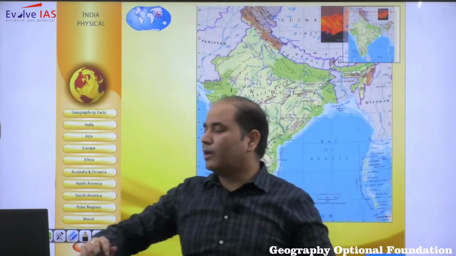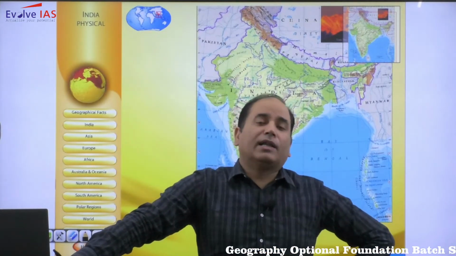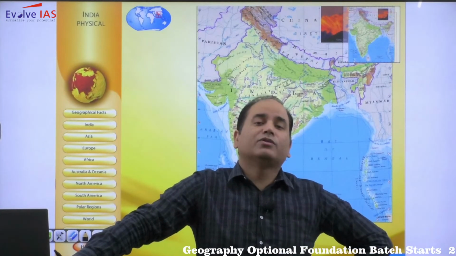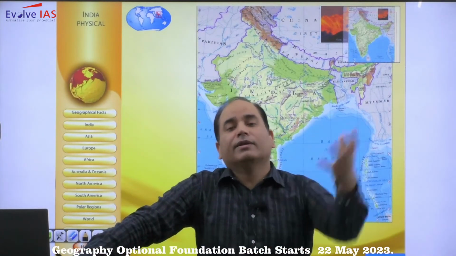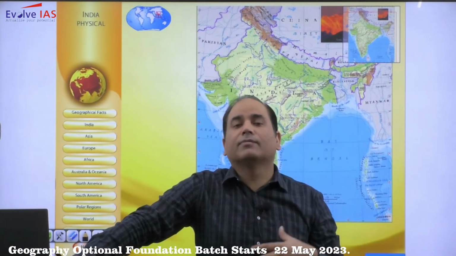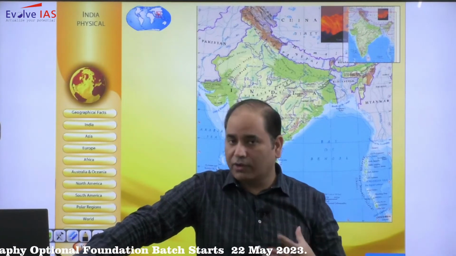Now as far as the mountain is concerned, the Himalayan mountain happens to be one of the youngest mountains on this earth surface. How? Because earlier when this Indian mainland was part of Gondwana land, this mountain was not there. When Gondwana land broke, the different parts started moving differently.